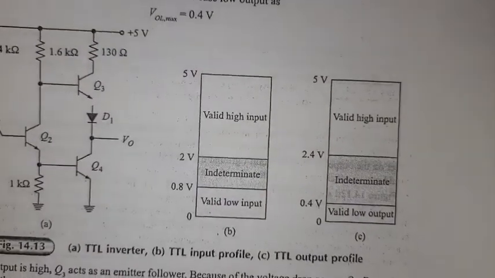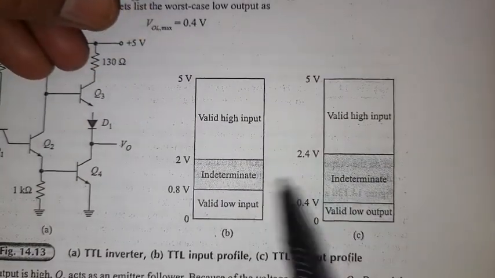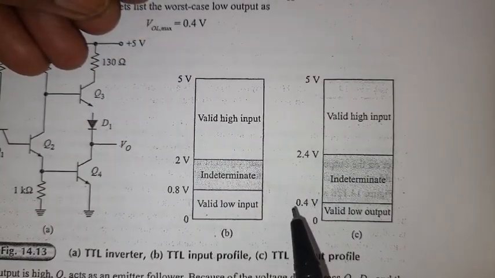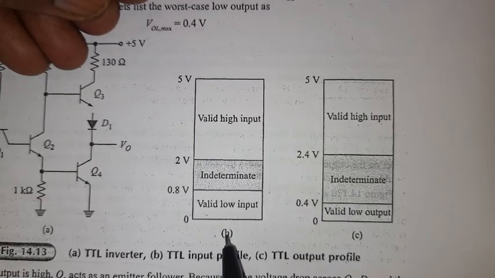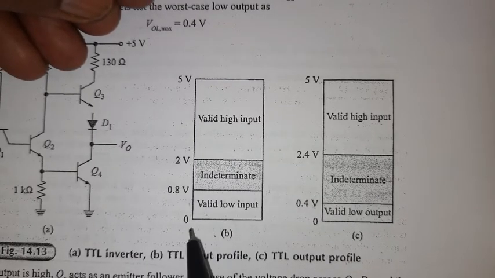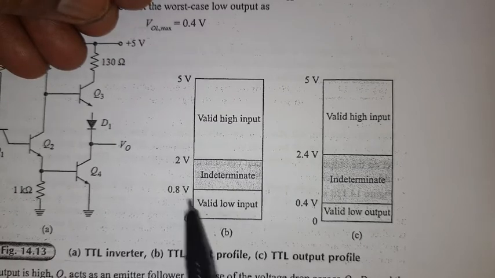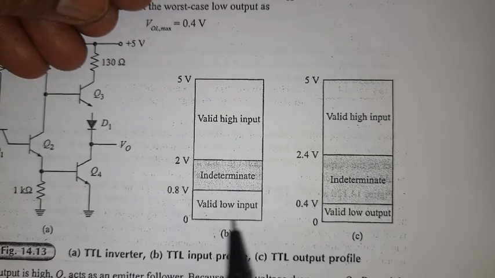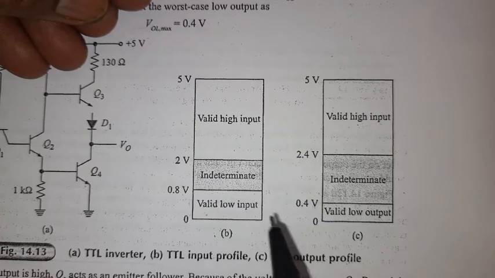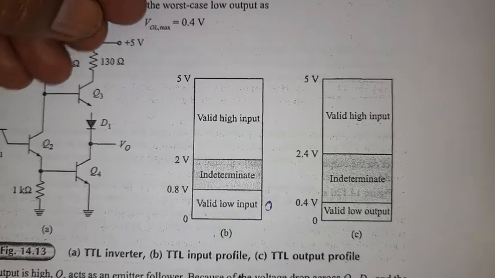One more feature of the TTL device is the input-output profile of the device. I will show you one interesting window. For a TTL device, if the input voltage is between 0 and 0.8 volt, it is treated as logic 0, the low logic.